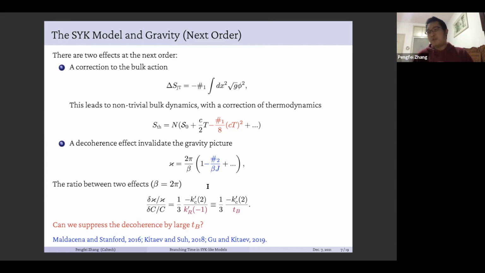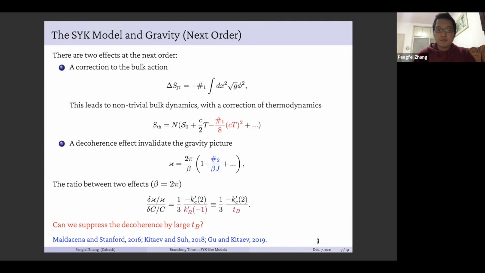So in the original SYK model, in the low temperature limit, copying some equations from these papers, we can work out this ratio. It is proportional to the derivative of the conformal kernel over the derivative of the retarded kernel.